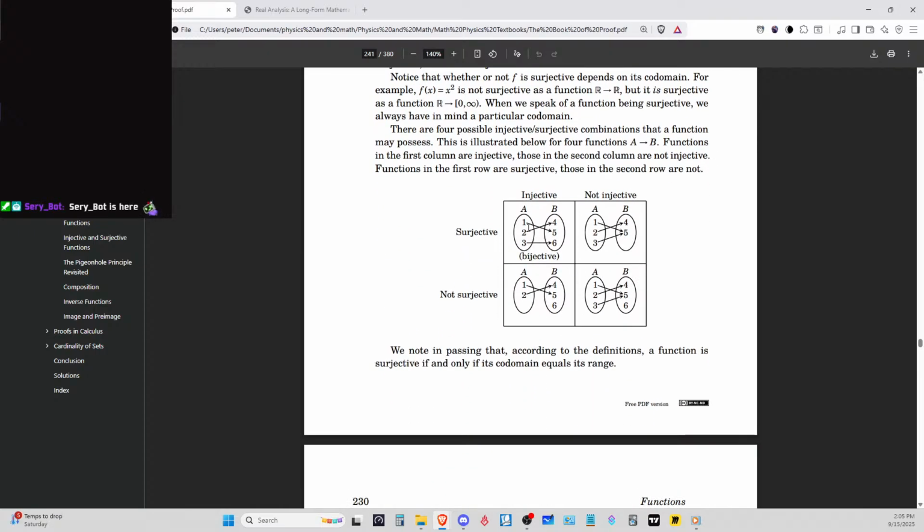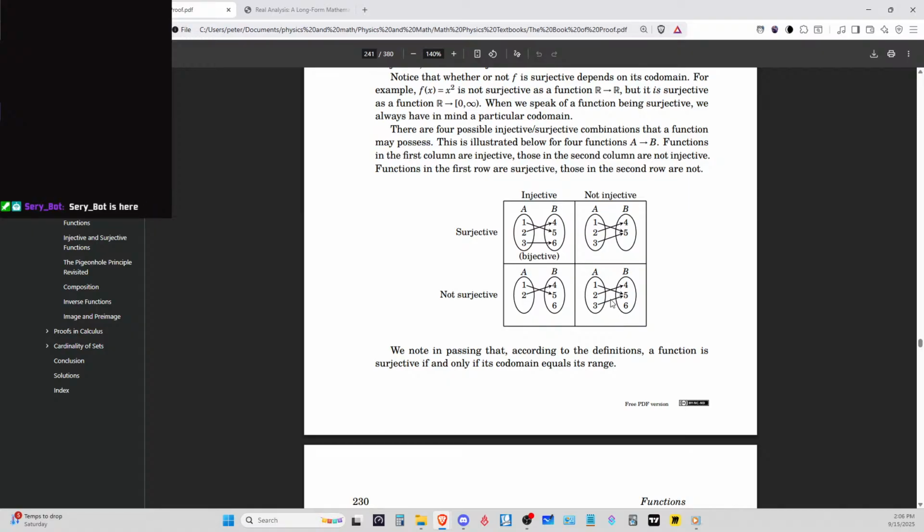So let's see the examples here. So this is injective and surjective, so each one has one here. It's not injective when we have this type of setup. Let's imagine that the set A is the x-axis and the set B is the y-axis.